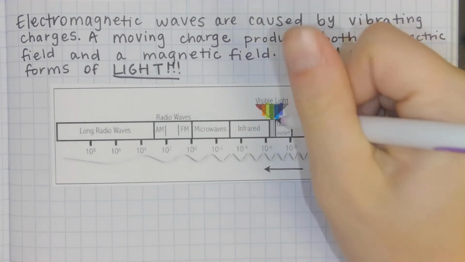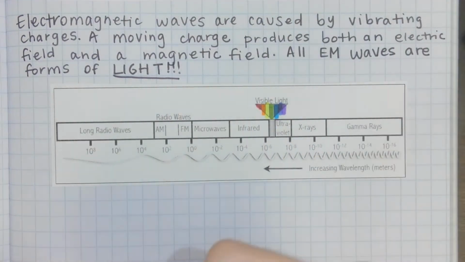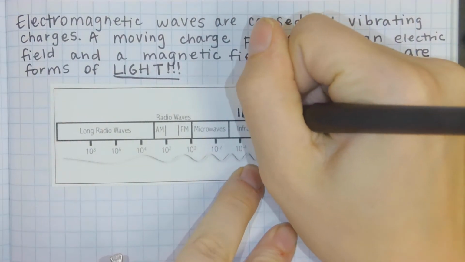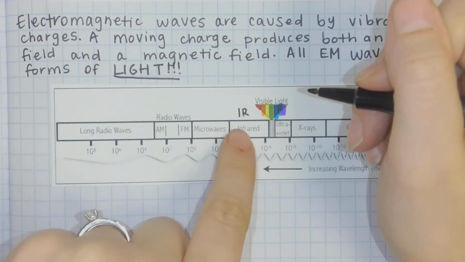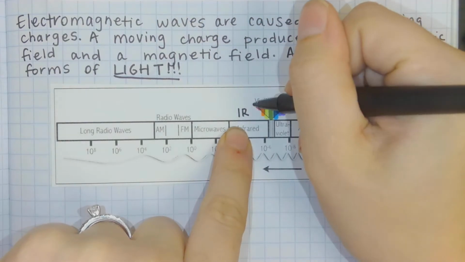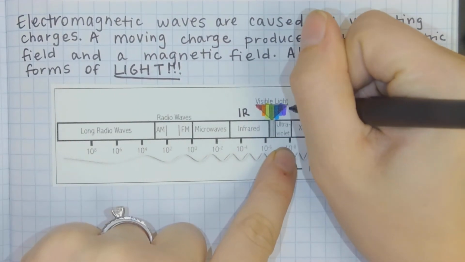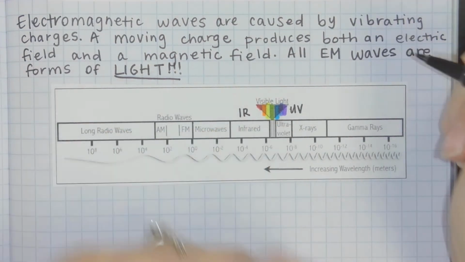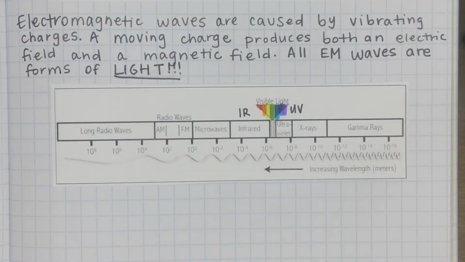Now double checking myself: is my rainbow going the correct direction? The answer is yes, because infrared is below red, here on the red side, and ultraviolet is towards the violet side. So my rainbow is correct.